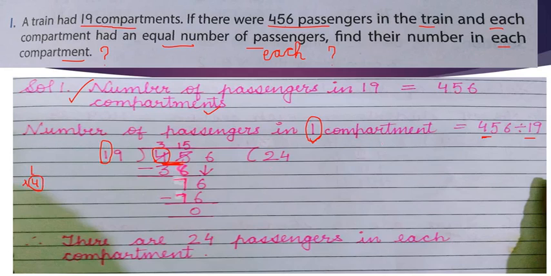So first of all we should check 19 multiplied by 4, because you have seen, ma'am, we are checking the table of 1, and we are looking at the first digit of the dividend, which is 4. Of course, in the table of 1 you will say, ma'am, 4 is coming at 4. So we have got the number.